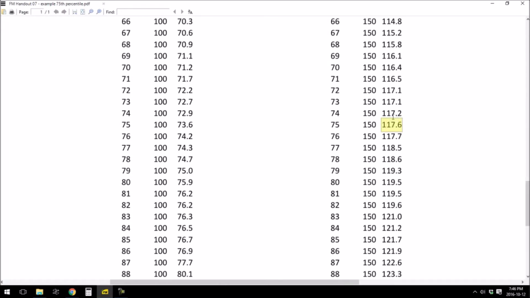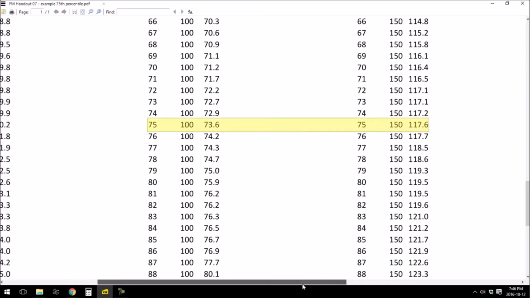So essentially what you would do is collect such data across all lengths that you could find across a wide range, and then you would look at the 75th percentile of every length. Usually you would do something like every 5 millimeters.